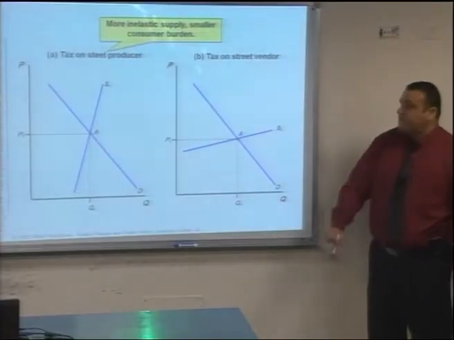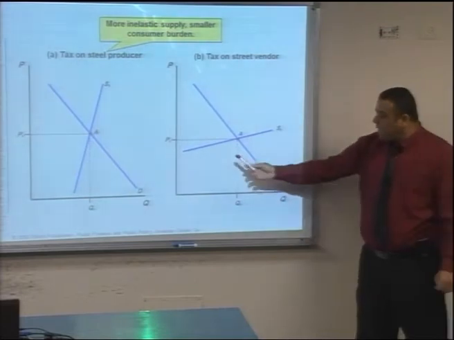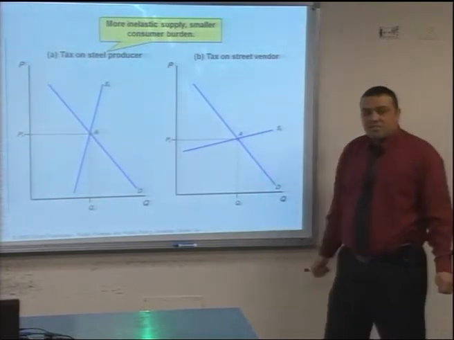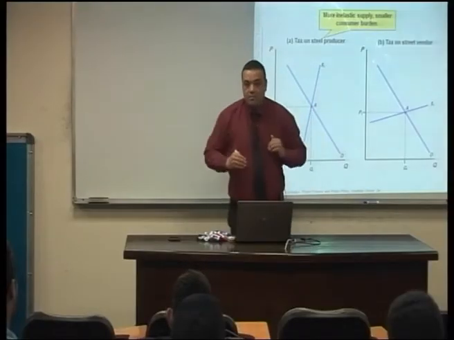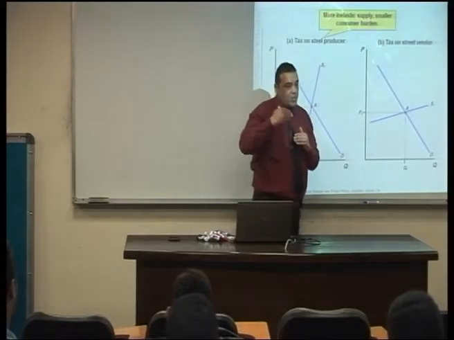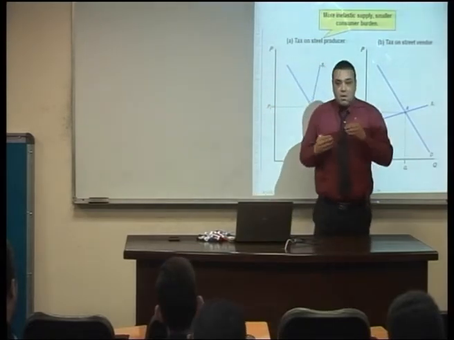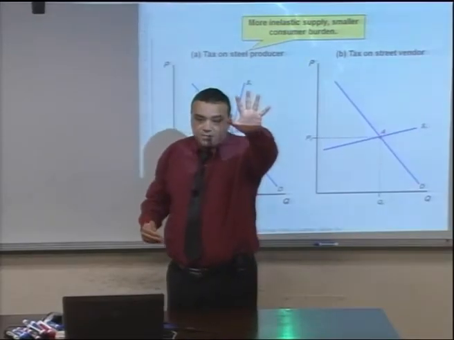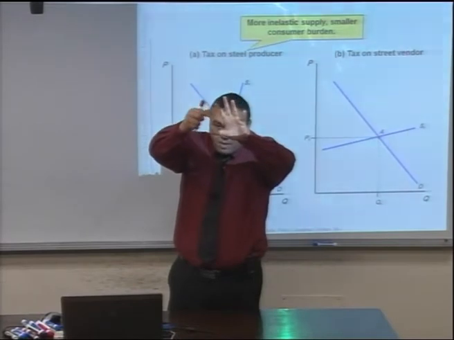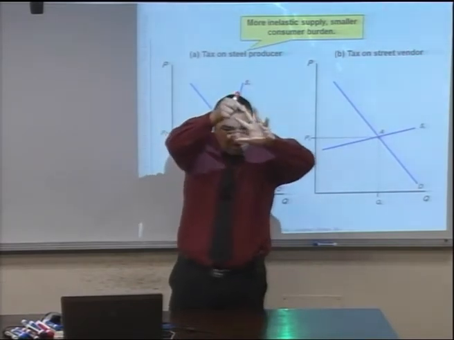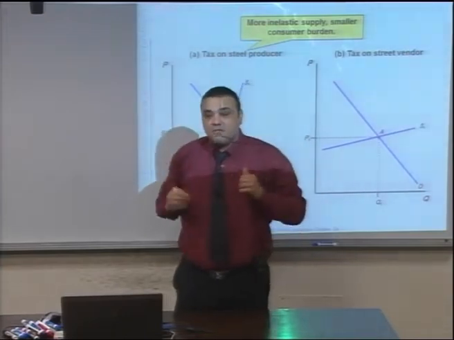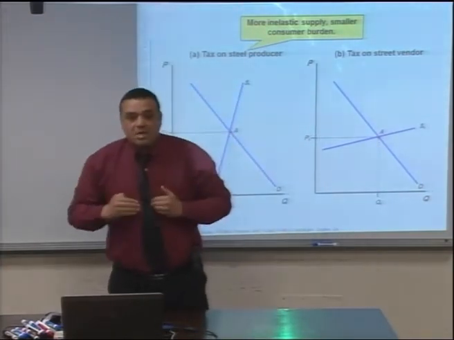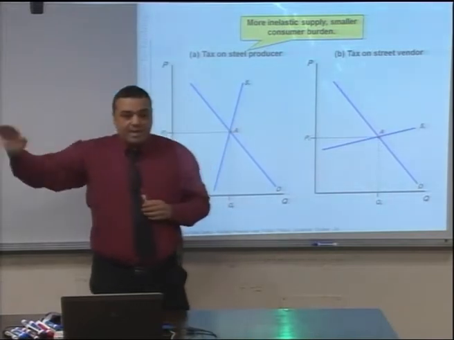Let's go to this graph here. Supply is elastic. This means that we work in the long term. If you remember, we divided the terms into five terms: very long term, long term, mid-term, short term, very short term. In the very long term, the supply curve will be perfectly elastic.